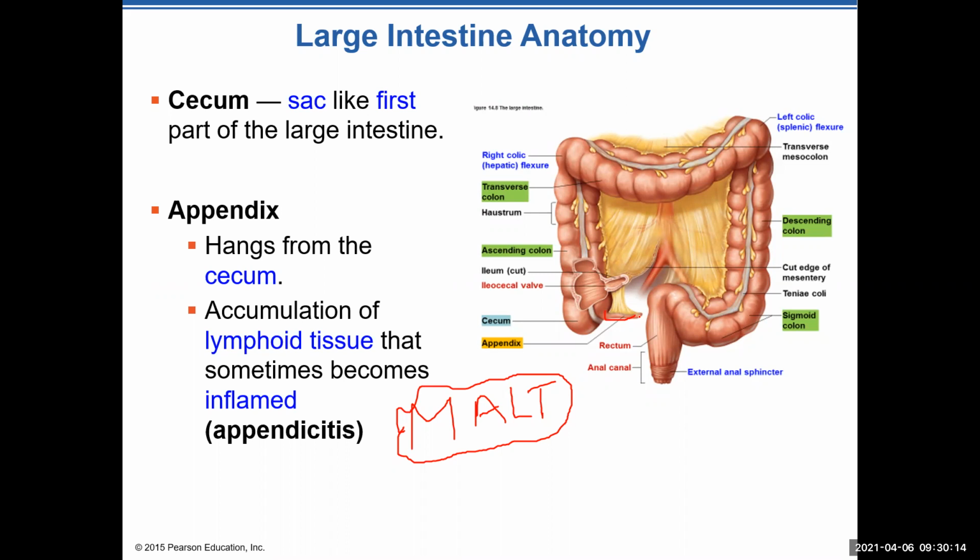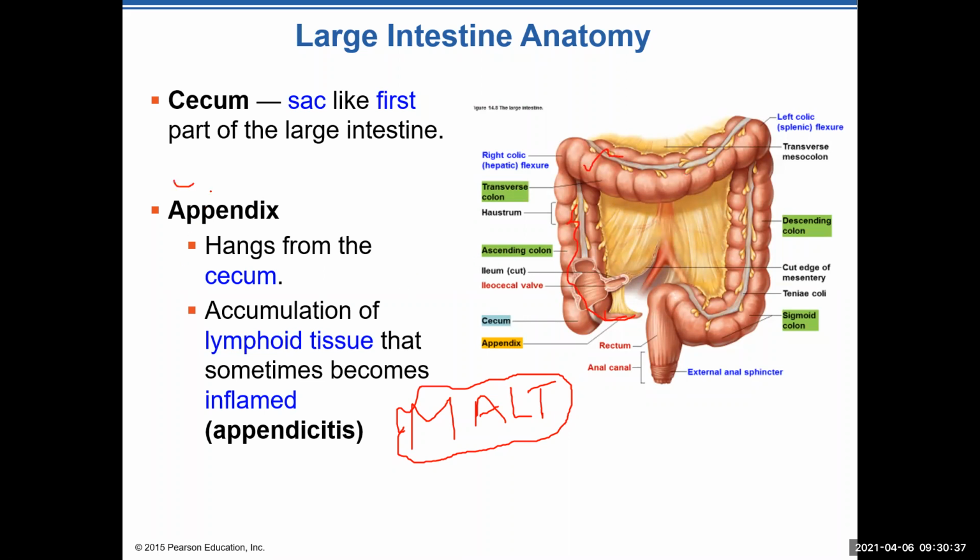So we don't have a large amount of bacteria in the gut. At that time, the appendix becomes the source of the bacteria. They migrate from the appendix and populate our gut flora, right?